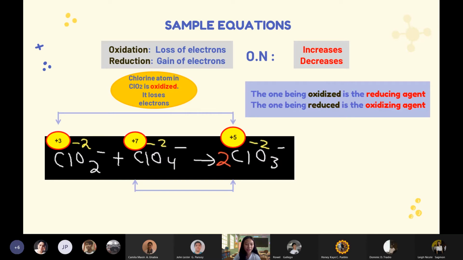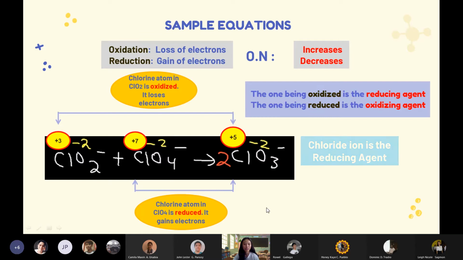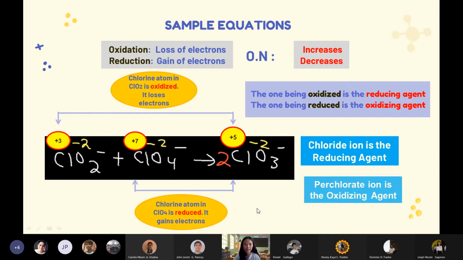And the chlorine in the perchlorate ion, look at this: the chlorine atom in ClO4 is reduced from +7 to +5. It decreases. So basically, the chlorite ion is the reducing agent, and the perchlorate ion is the oxidizing agent.